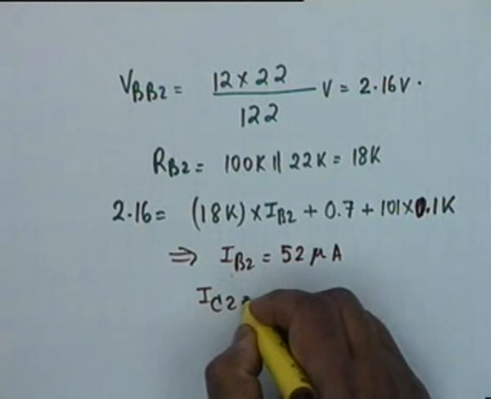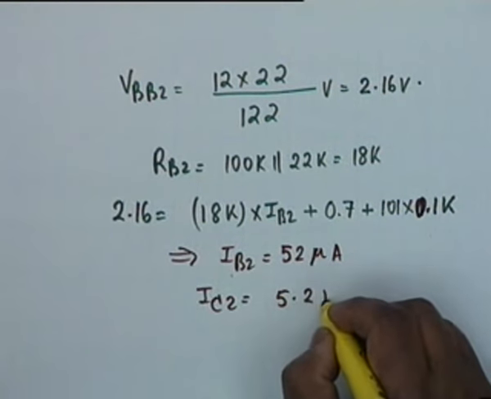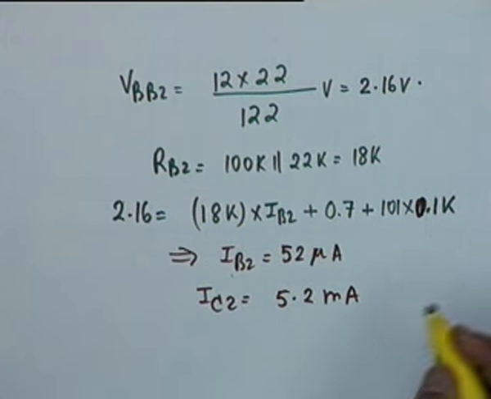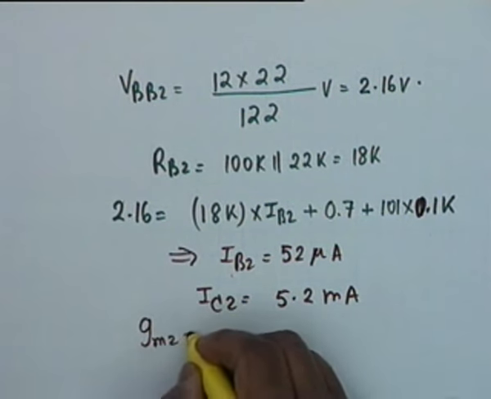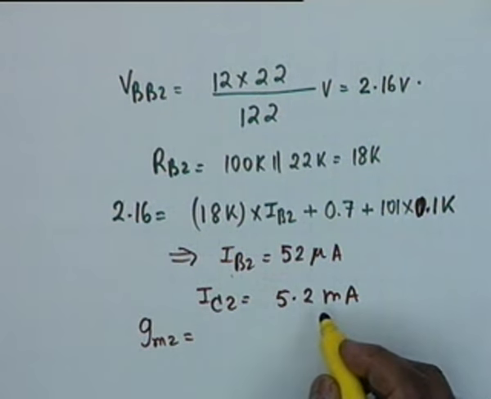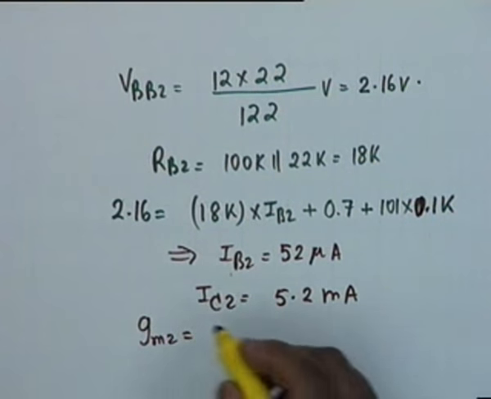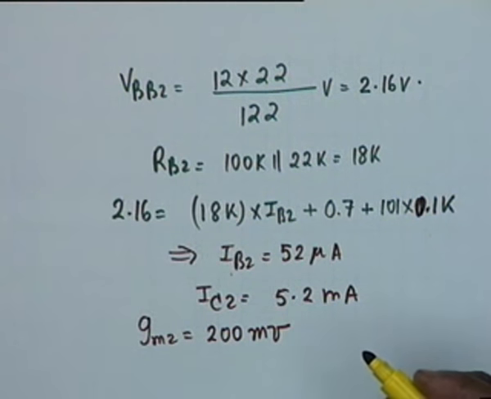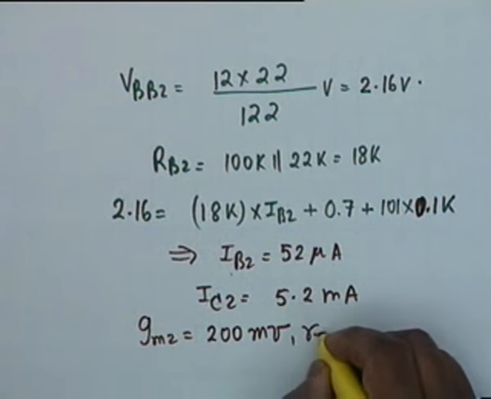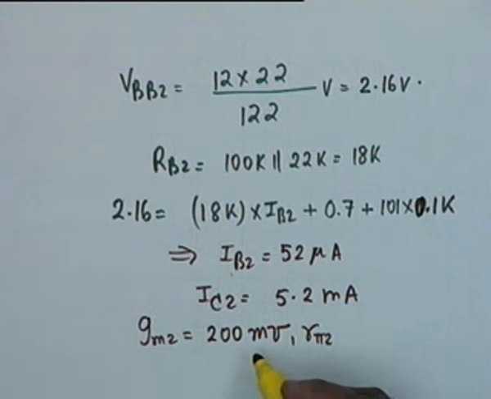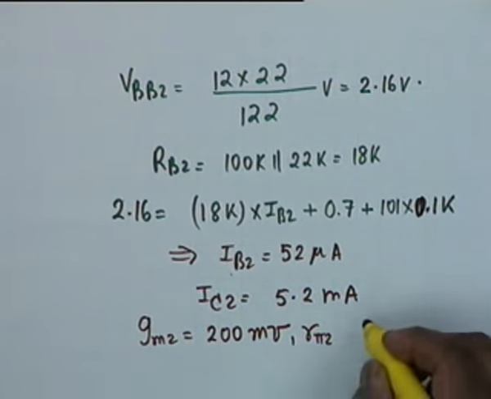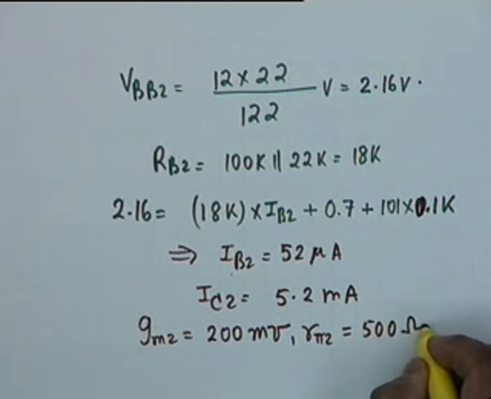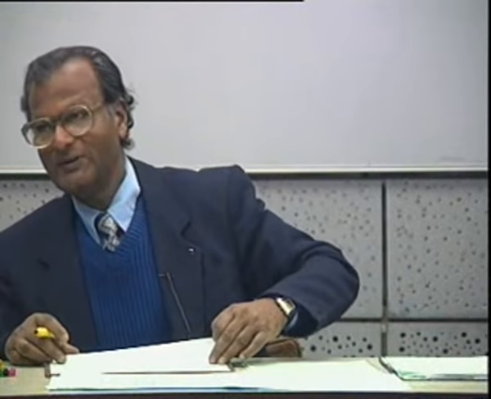Therefore, I sub C2, which is multiplied by 100, is 5.2 milliamps. And then GM2 is 5.2 divided by 26, very nice figure, that is 200 millimho, and R pi 2, which is 100 divided by 200 millimho, is obviously 0.5 K, that is 500 ohms. All done? Now we are ready to calculate the gain.